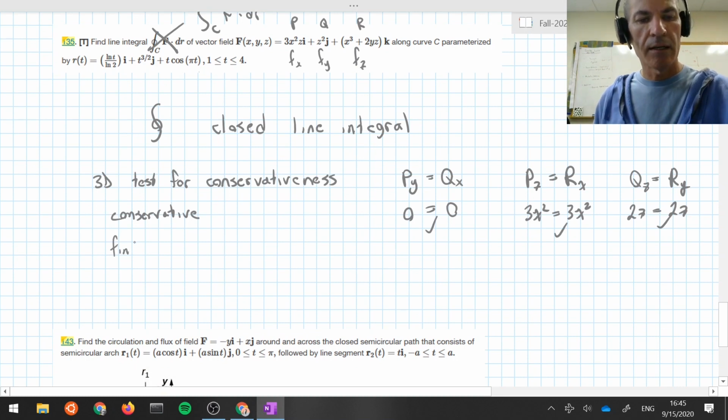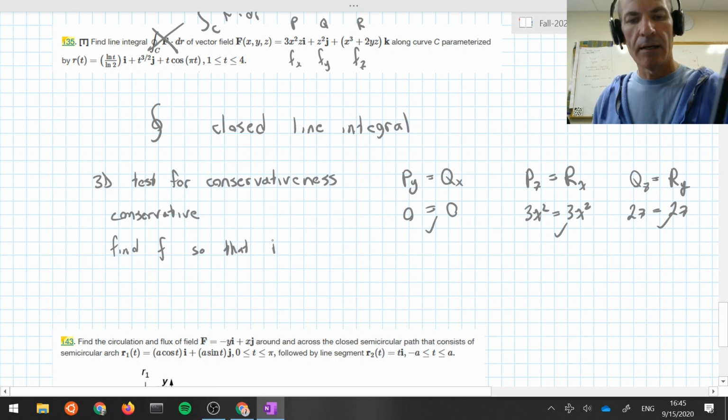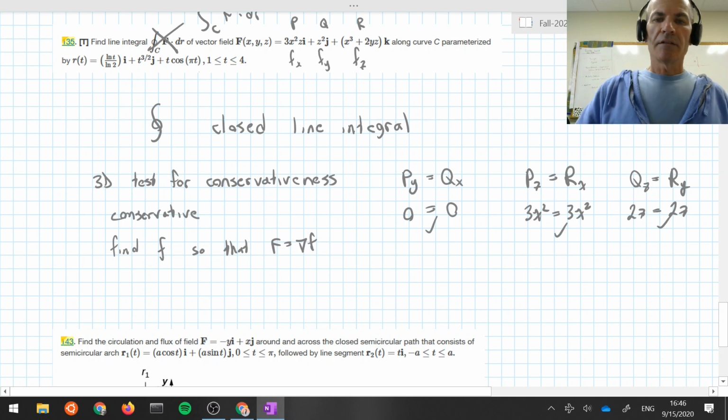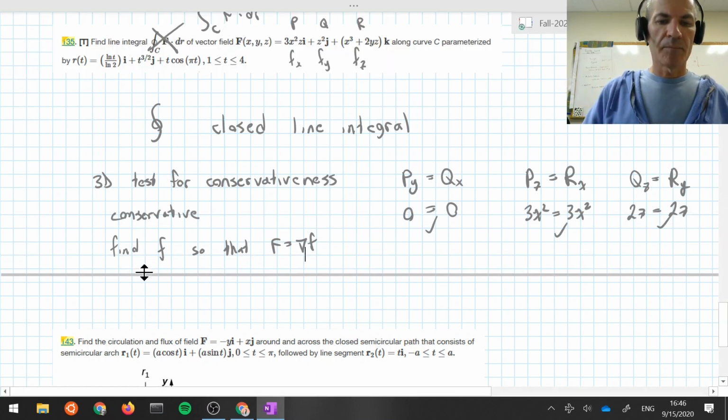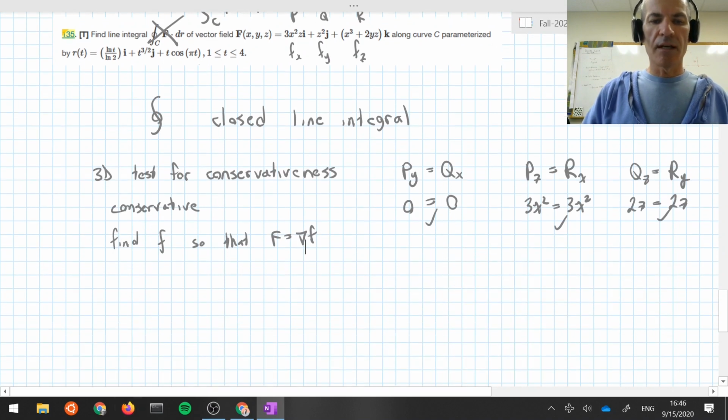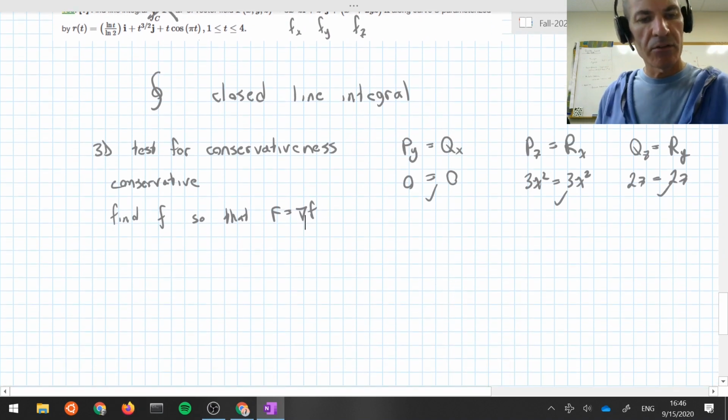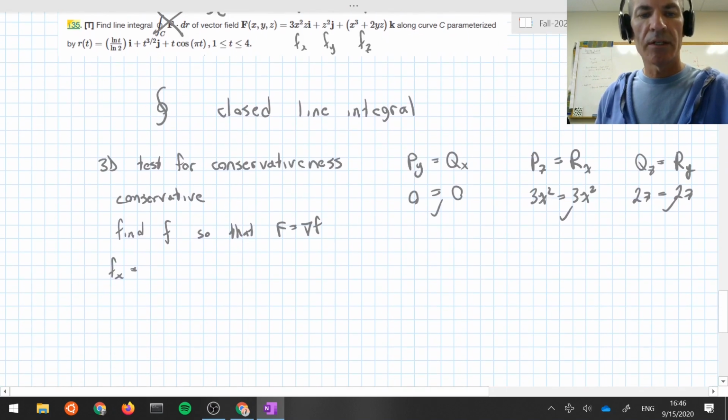So find little f so that big F is the gradient of little f. And this is just a little extra work, but the idea is the same. We're just going to, again, start with fx. Fx is 3x squared z.